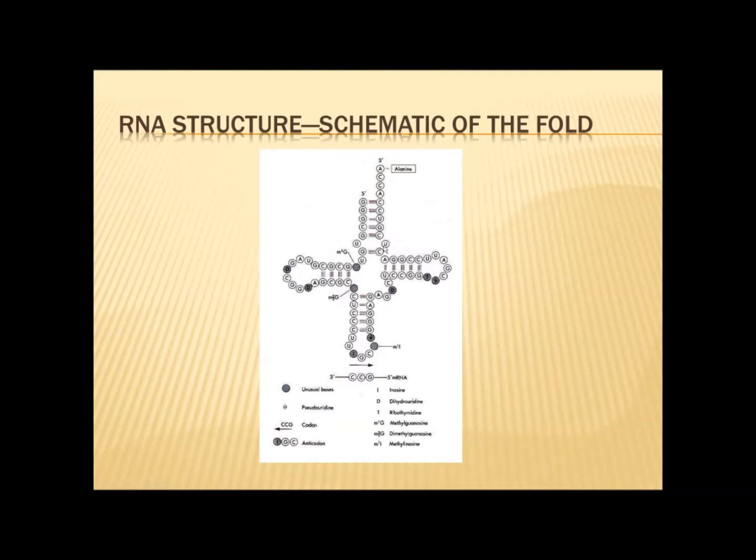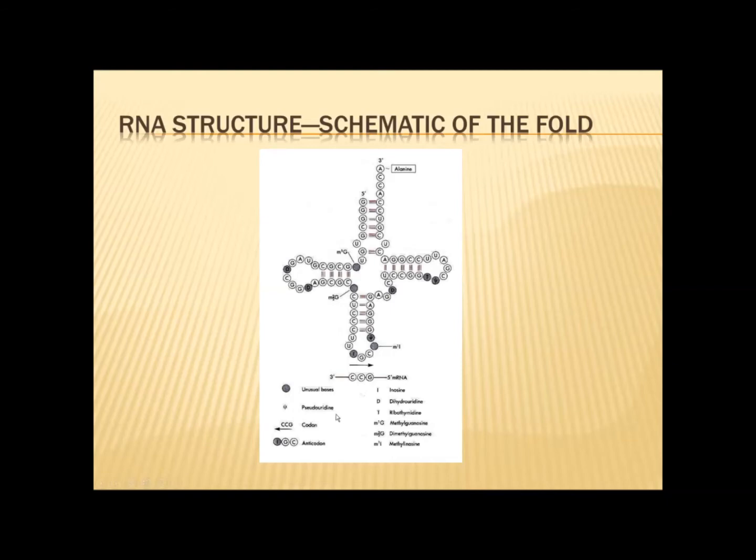Okay, here's another way of looking at it, another schematic way of representing it. There's other things that are interesting. For example, you'll see that some of these bases do not look like your typical A, C, U, G bases.